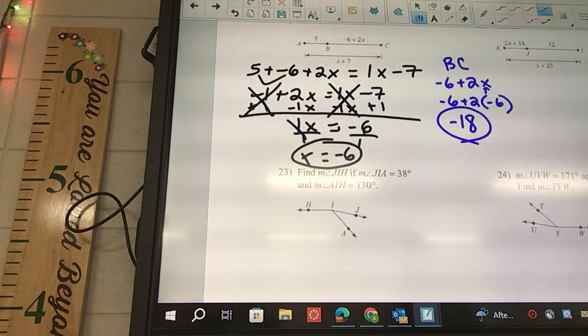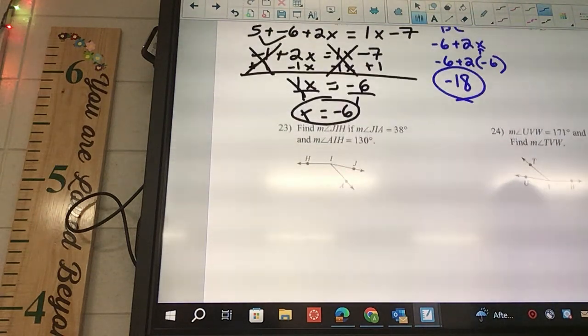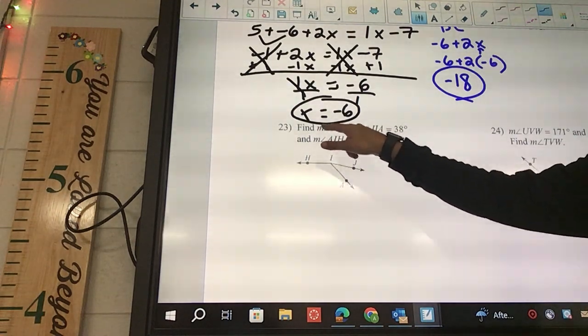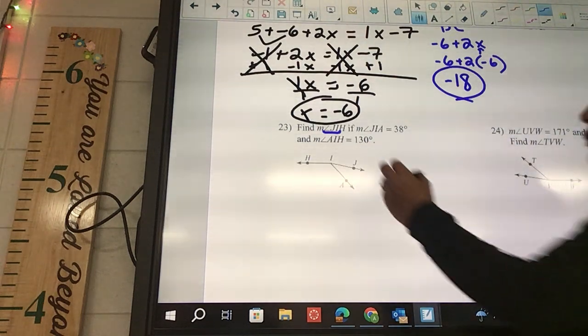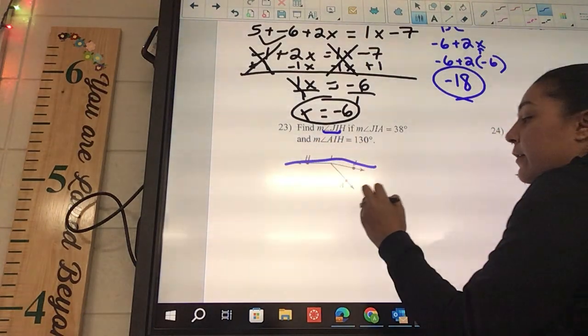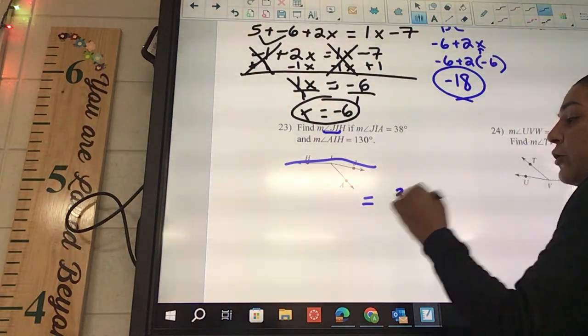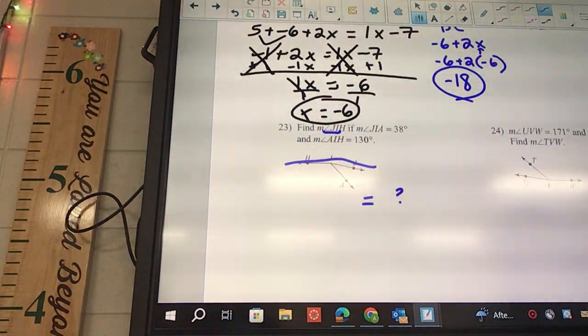Okay, 23. These are kind of the same way, okay? They want us to find JIH. Is that a little or a big? That is the big. JIH is the big, so that's the one we're trying to find. JIA, is that a little or a big? It's a little.